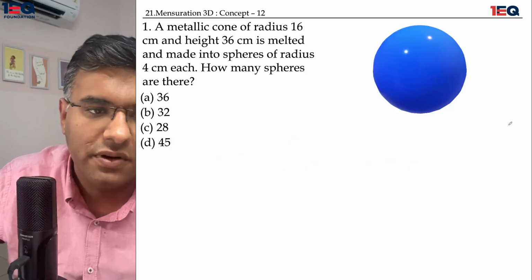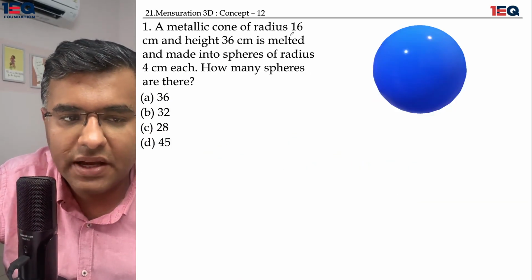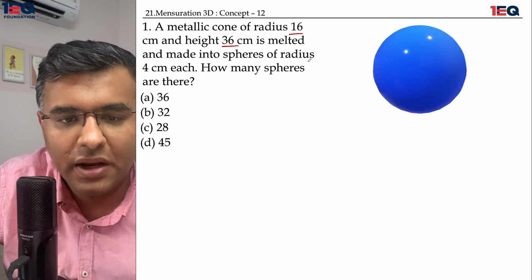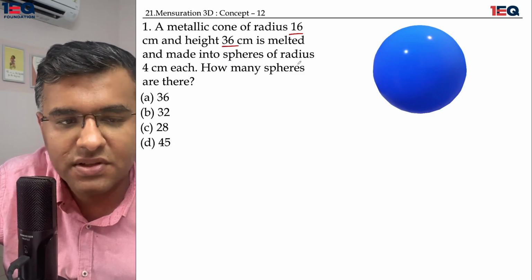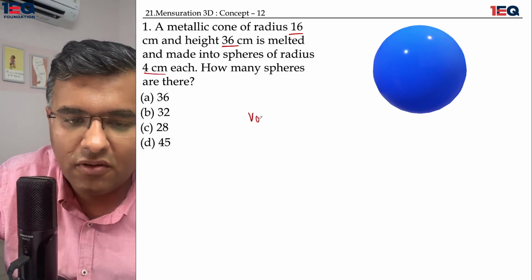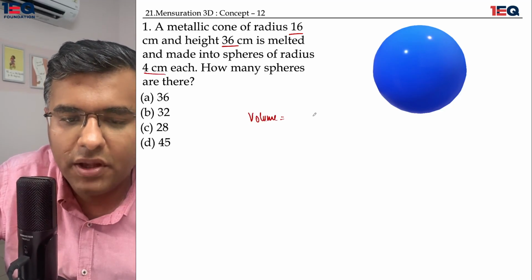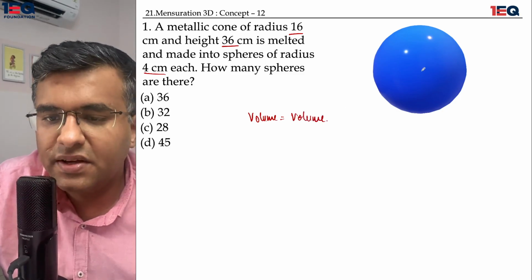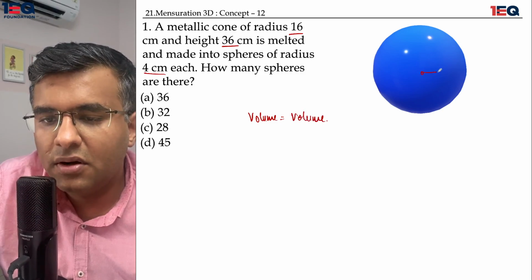Let's go forward. A metallic cone of radius this and height this is melted and made into spheres of radius 4 centimeters each. I'll use the same idea of volume being equal to volume. In terms of spheres, we haven't learned about it yet.